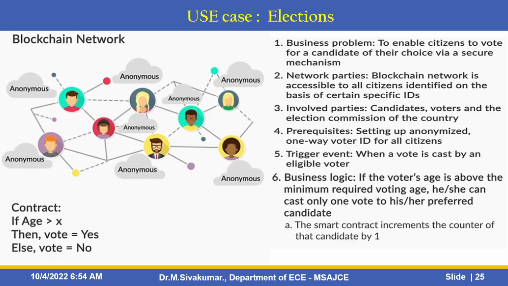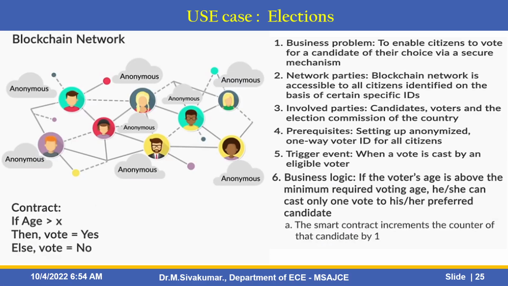And, for example, for government purposes, a use case is elections. By means of a blockchain network, you can set up an anonymized one-way voter ID for all the citizens. And the smart contract increments the counter of that candidate by one. For example, the smart contract is created with: if age greater than X, for example 18 years of voting age.